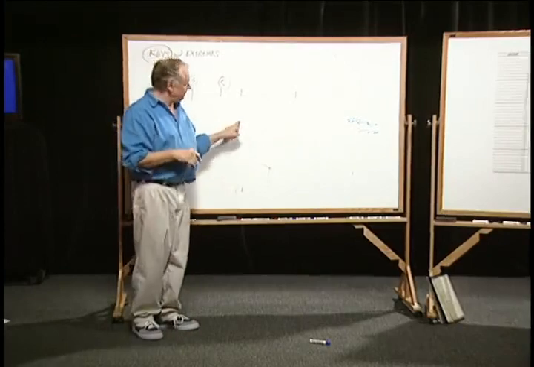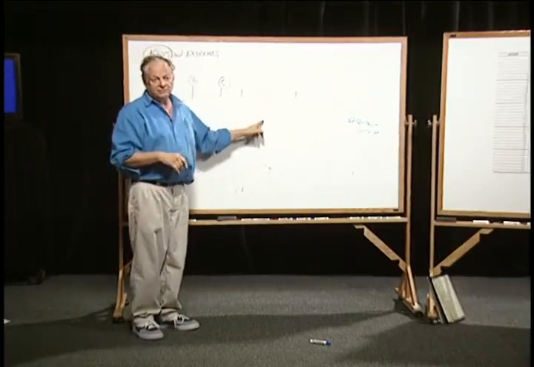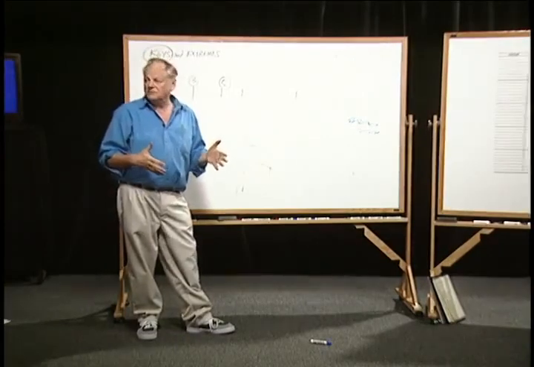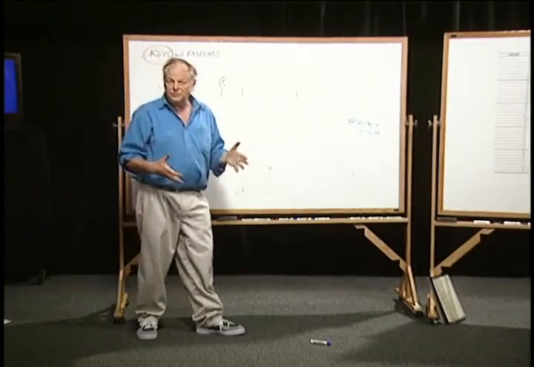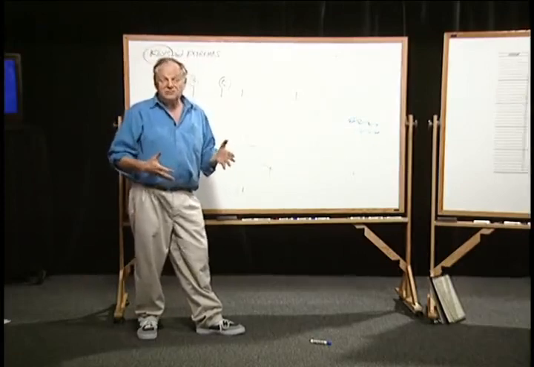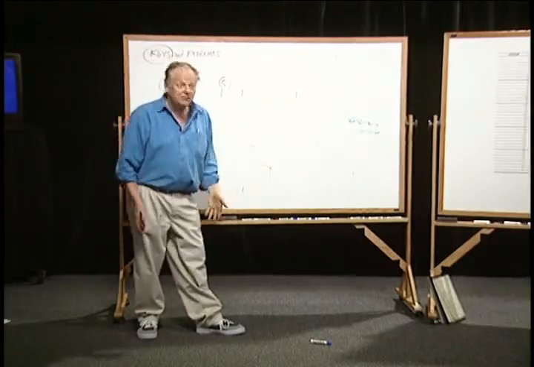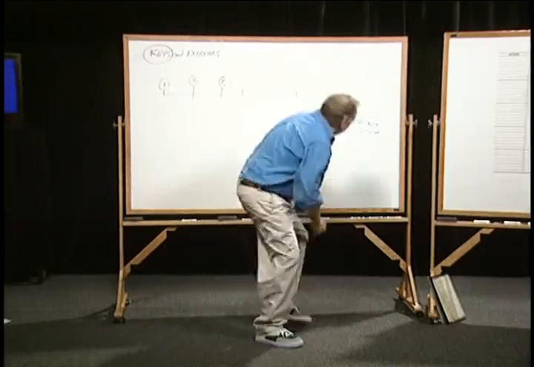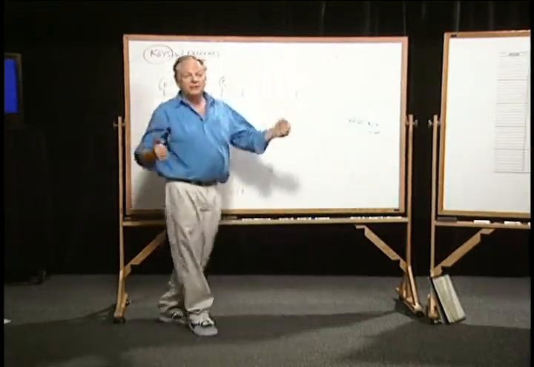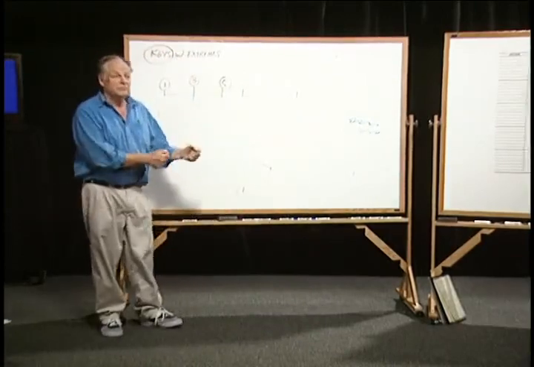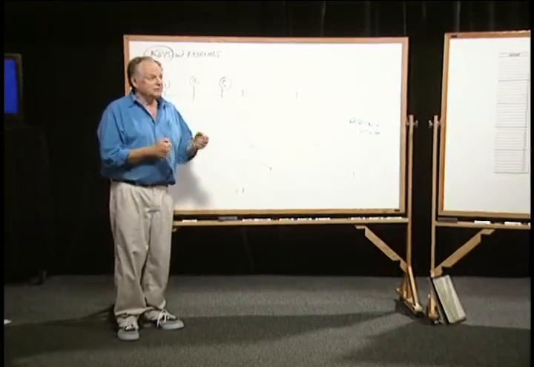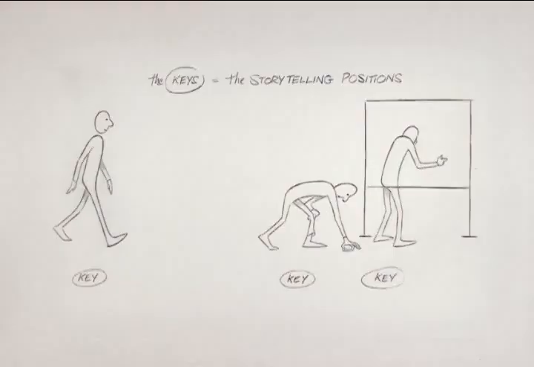You might figure it out in little tiny drawings, those keys, and then you do a decent drawing of the character. You do your first position. You get a nice drawing of this guy here, and then a nice drawing here, and a nice drawing there. You've already got your 3 storytelling things. You can film them on the video. The director will know what's happening.